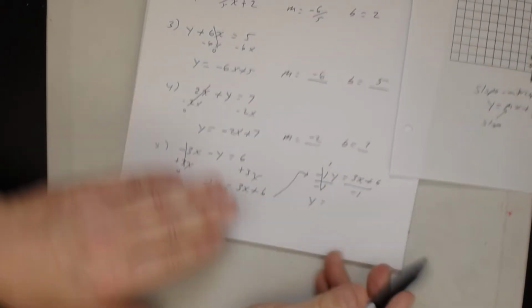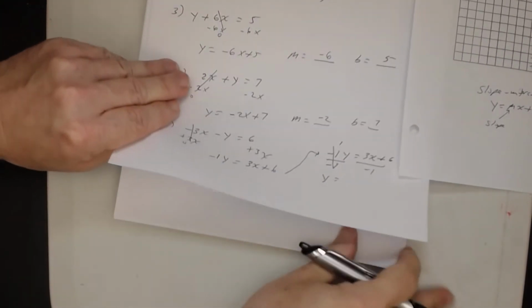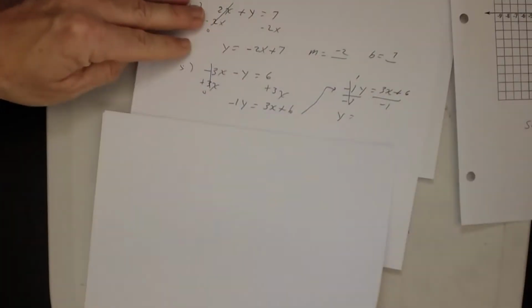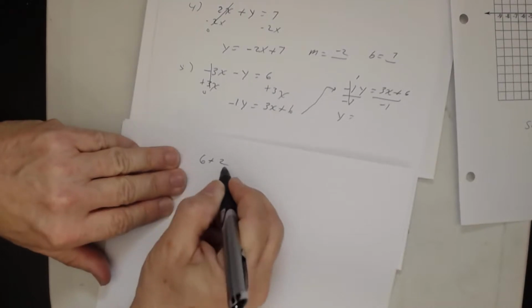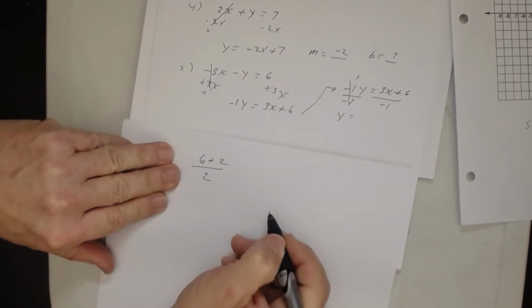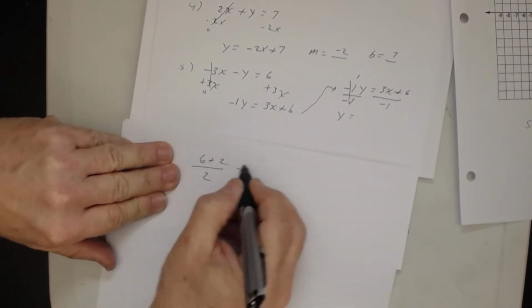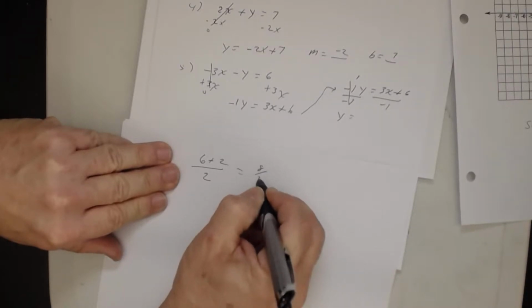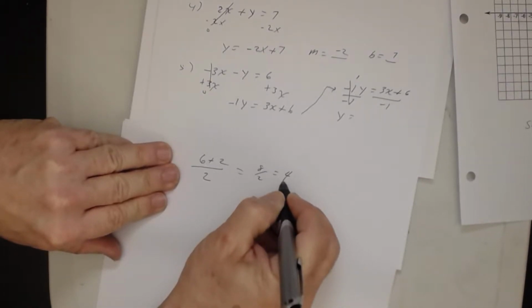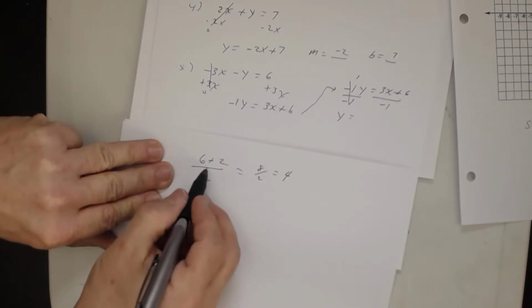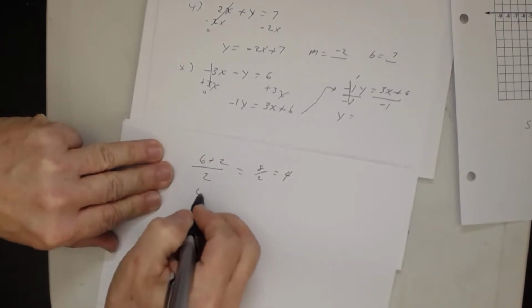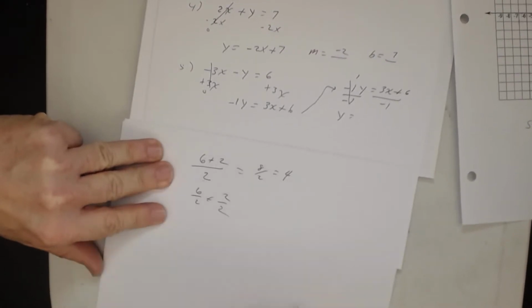All right, now remember, we mentioned this before, that if I have 6 plus 2 divided by 2, you agree that 6 plus 2 is 8, right? And 8 divided by 2 is 4. You also agree that I can rewrite this as 6 divided by 2 plus 2 divided by 2.